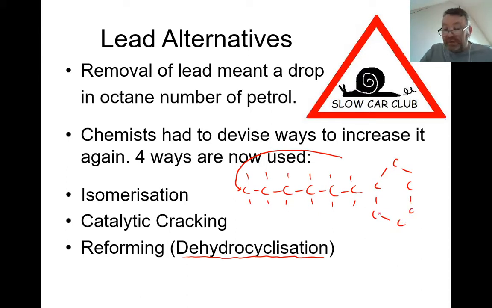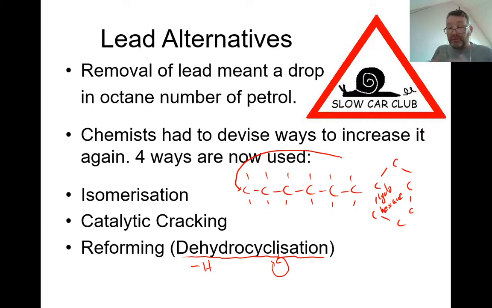So it gives you cyclohexane, which is still an aliphatic compound. This is not aromatic. So that's what dehydrocyclization means. The dehydro part is removing the hydrogens. The cyclize part is putting it into a cyclical structure, which is still aliphatic, although it's cyclic.